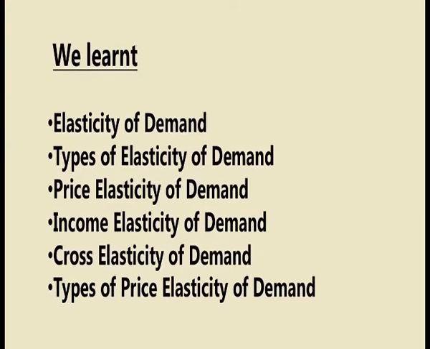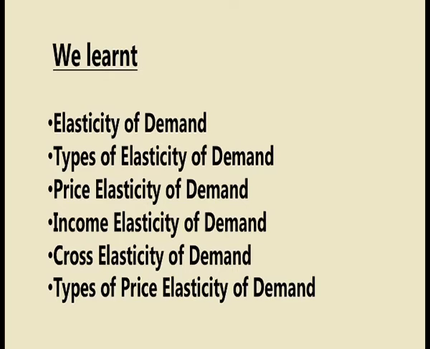Also, there are different factors affecting the demand for a commodity. Accordingly, we have three different types of elasticity of demand. They are price elasticity of demand, income elasticity of demand and cross elasticity of demand. The taste and preferences of the consumer is also another factor determining the quantity demanded of a commodity.